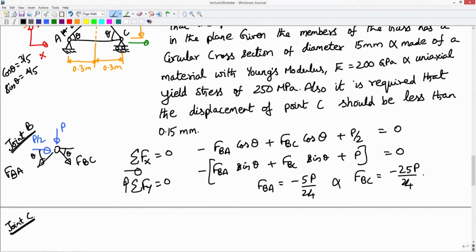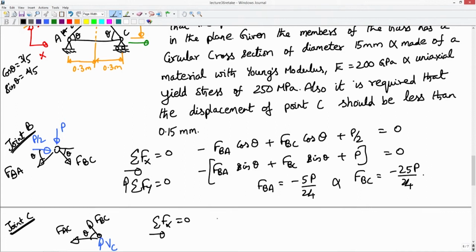In joint C I have FBC, again I am assuming tensile forces are positive, FAC, and I will have a reaction force VC there. Now I will write the horizontal force equilibrium first, Fx equal to 0. This angle is theta.